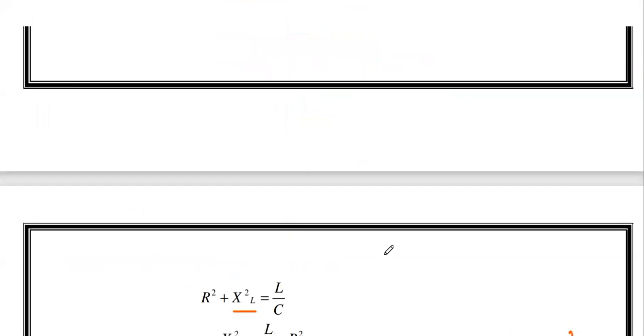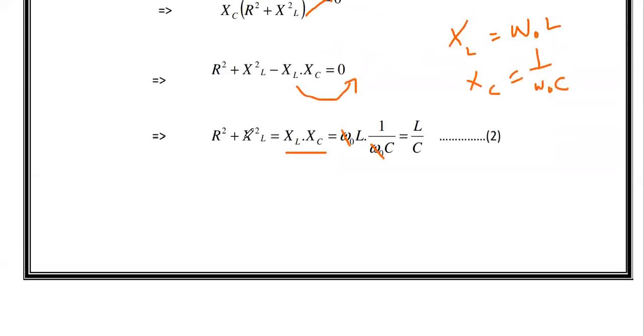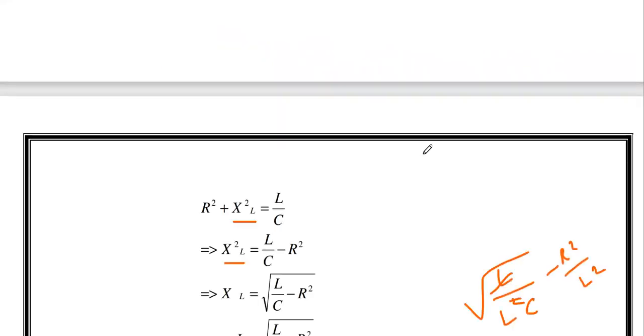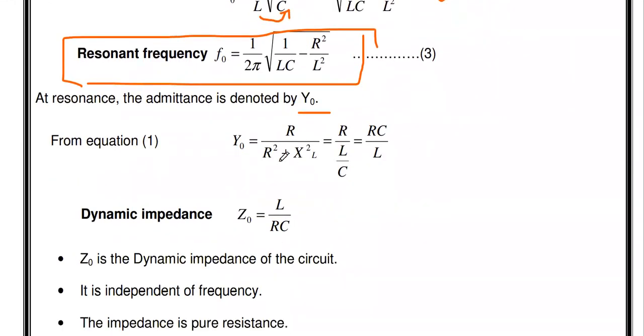We already derived that it is equal to L by C. So you substitute L by C for R squared plus XL squared, and from that we get the admittance equal to RC by L.